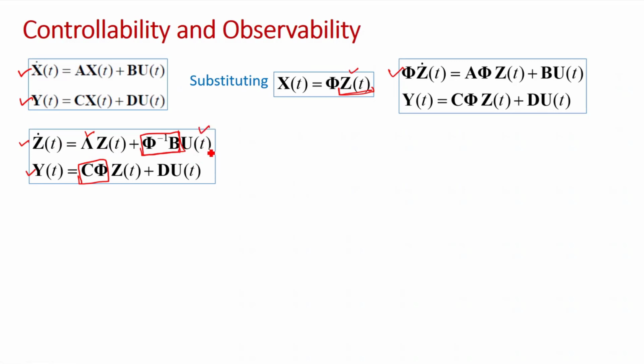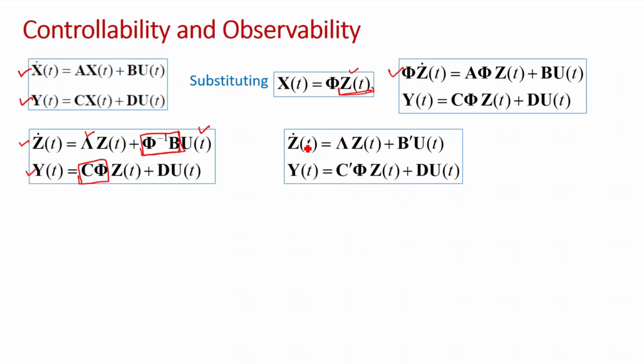And u t is your control input. So now I can write phi inverse B as B dash, and your C phi I can represent as C dash. Okay, so B dash is nothing but equal to phi inverse B.